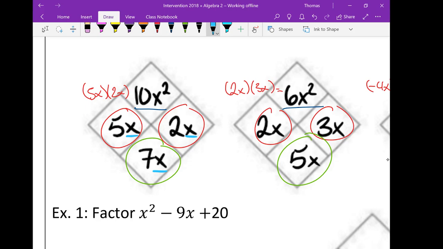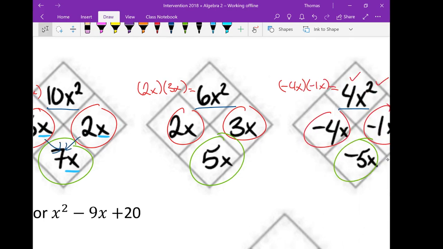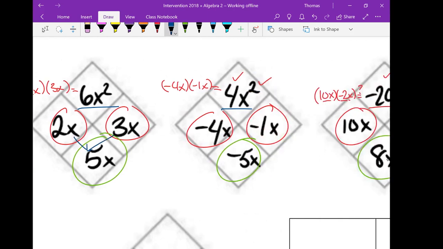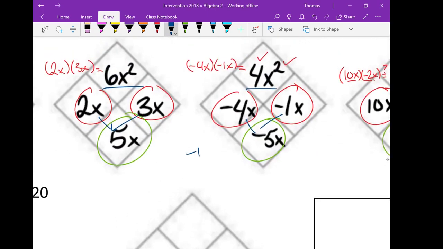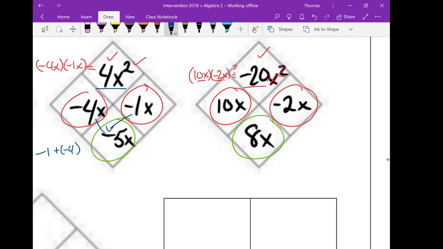It looks like the sum, right? 5 plus 2 is 7. 2 plus 3, that's 5. Negative 1 plus negative 4, we're at negative 1, take away 4 more, that takes us down to negative 5. And then 10 plus negative 2, these are x's. 10 take away 2, yeah, that's 8. Great.